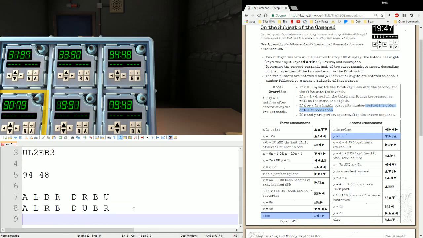So this is going to change our solution to, so we move this part here and this part here. So our solution for this one: down, up, B, right, A, left, right, B.